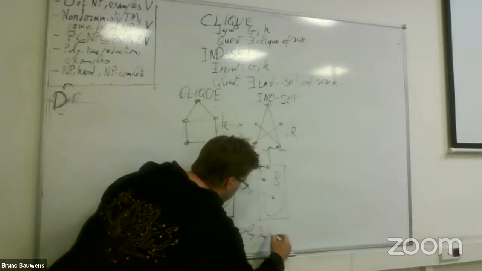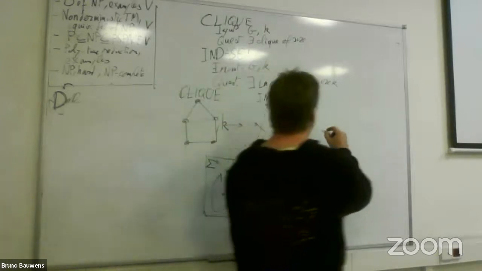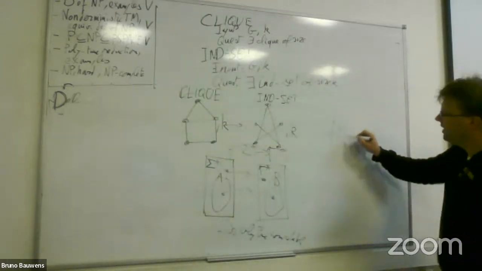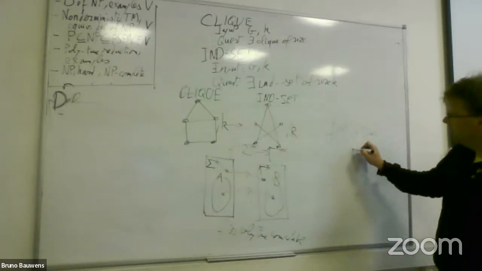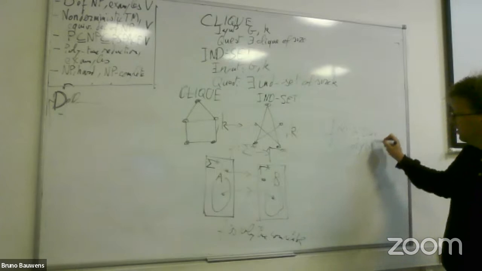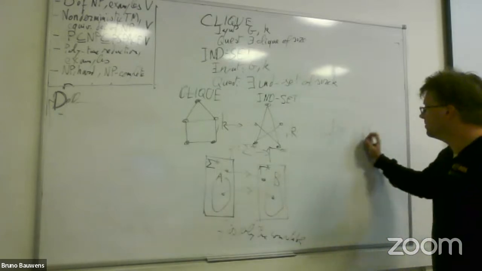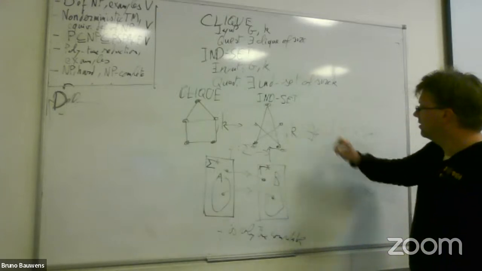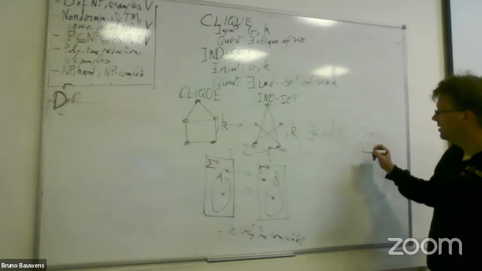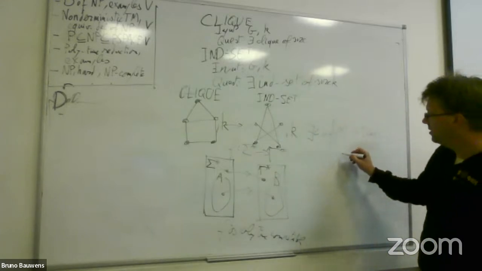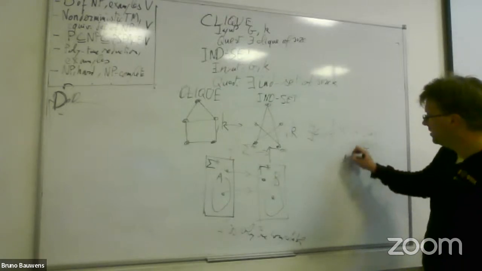Polynomial time computable means you can compute f of x in time polynomial in the length of x. So there exists a c such that f of x can be computed in time length of x to the power c.